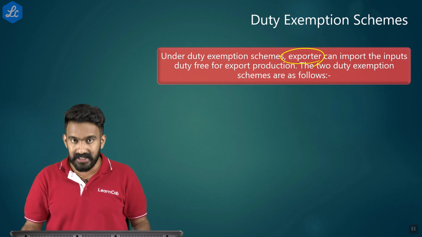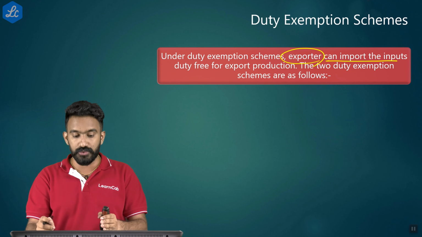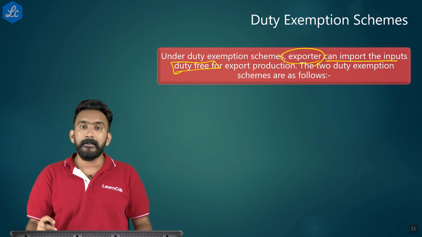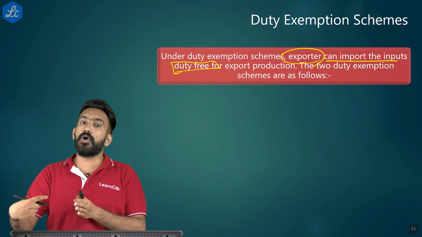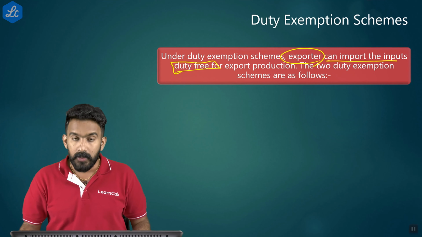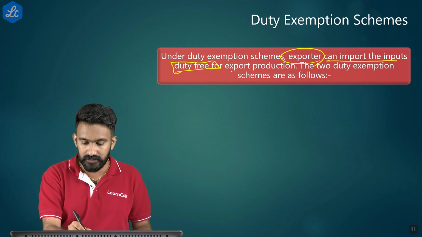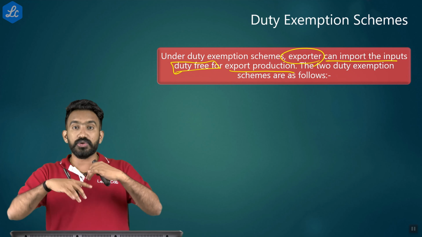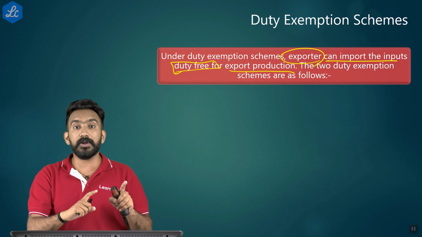In both of these schemes, you can see that exporters can import inputs duty-free. What do you mean by inputs? Those raw materials which are used for manufacture. What are you going to do with this manufactured product? You're going to export it. So if you club these two, you can say that the exporter can import the inputs duty free for what purpose?